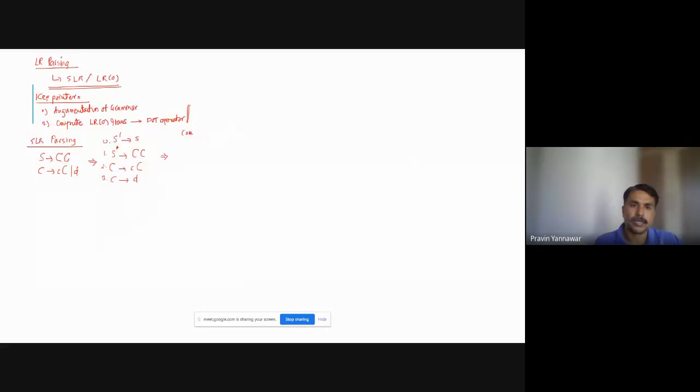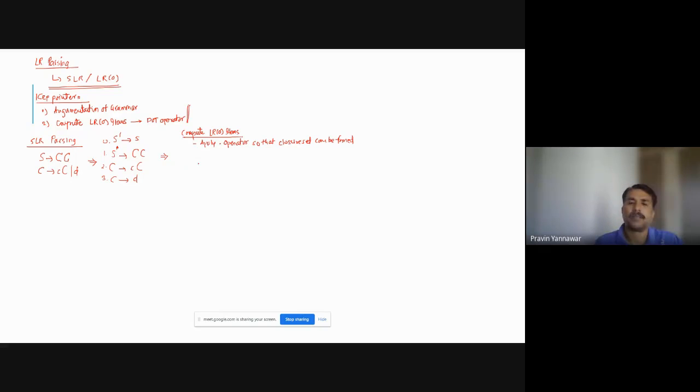So we are going to compute LR0 items. To compute LR0 items, we need to apply the dot operator so that the closure set can be formed.